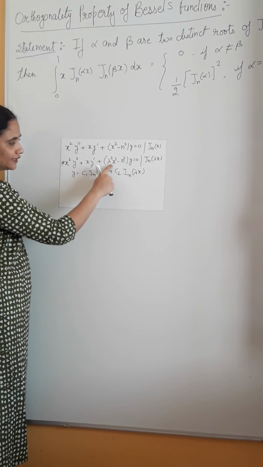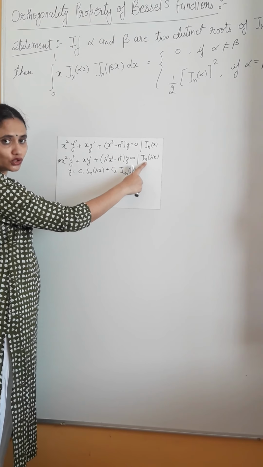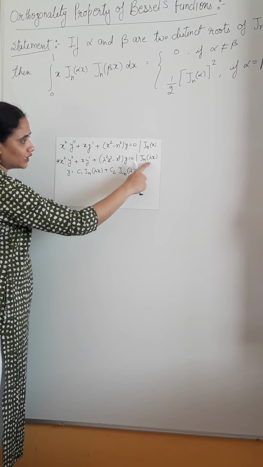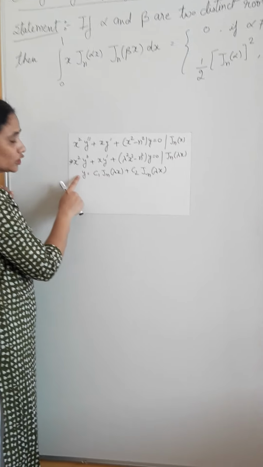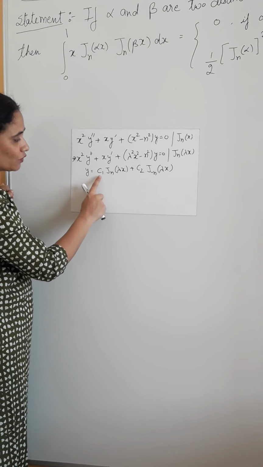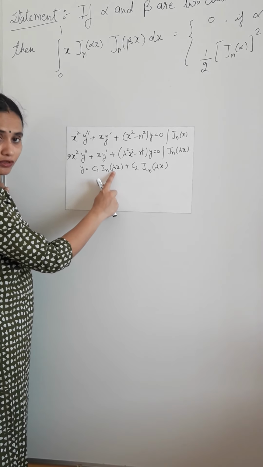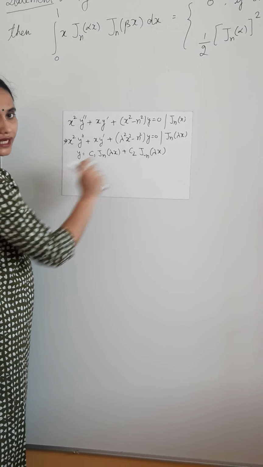If we change x to some multiple of a constant, then the solution also takes a similar form. So Jn(x) becomes Jn(lambda x). The solution in the same format can be written as y equal to c1 Jn(lambda x) plus c2 J minus n(lambda x).